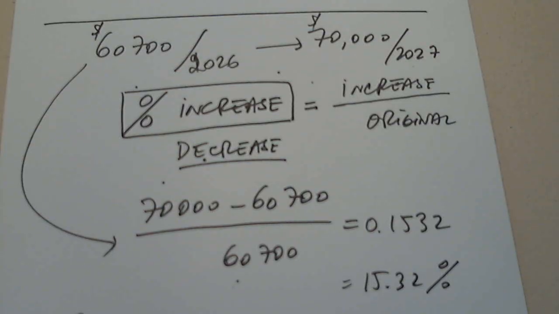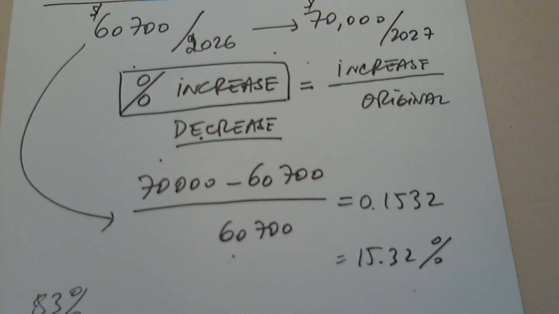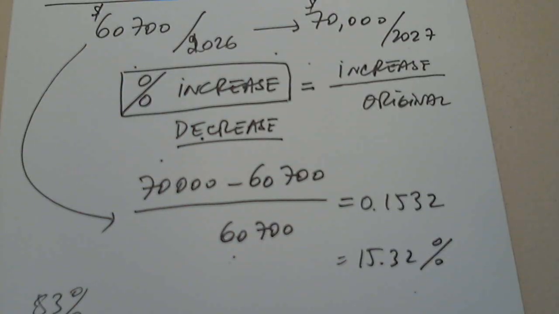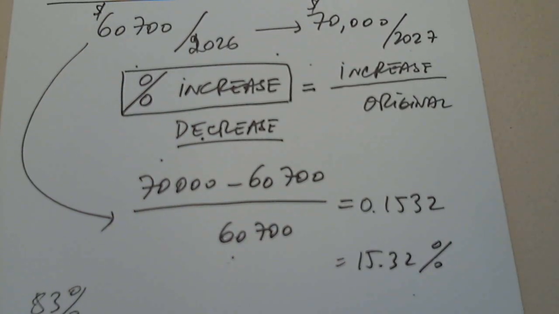So 240,000 represents 48% of the total per year. We want to determine the total per year, and we'll come back to the rest.